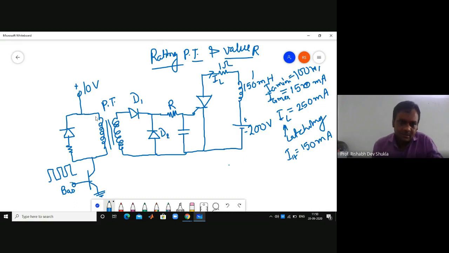Now tell me, what is the value of primary voltage here? Now I'm going to calculate. Let VP be the primary voltage here, and VPS the secondary voltage.